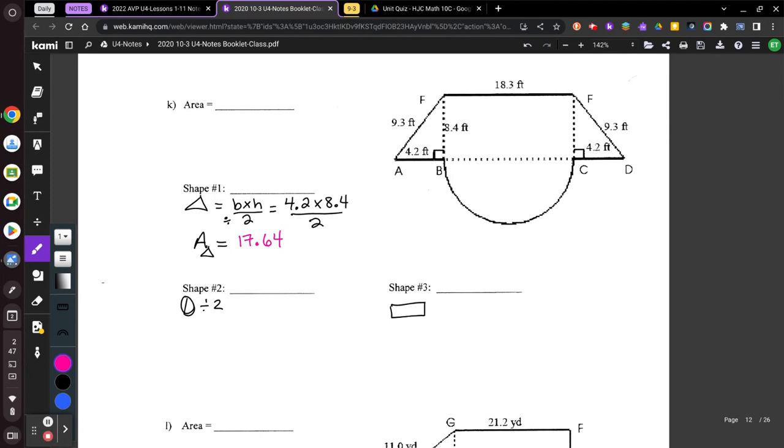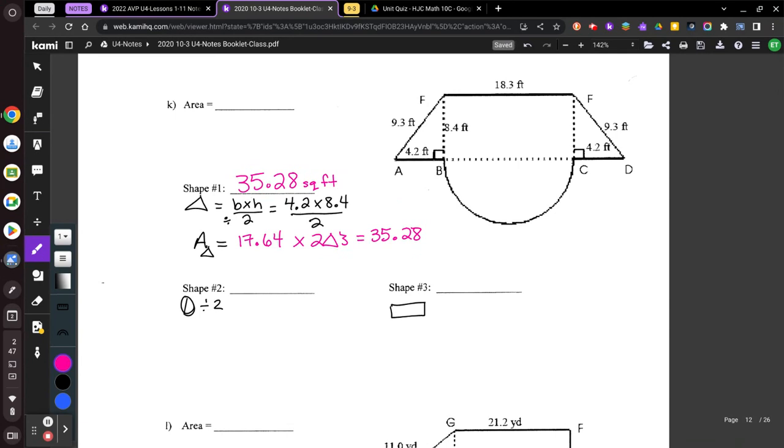Now we have 2 triangles. So we got to times that by 2 triangles. So that's going to give us 35.28 squared feet. Okay, so that's our triangles.